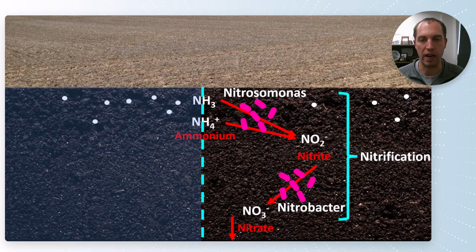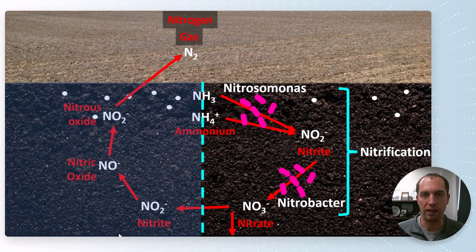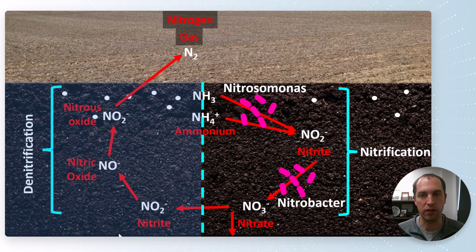So it can either be moved down in the soil, or if we start getting anaerobic conditions too much, we'll start to go back through the process to nitrite, and then we hit nitric oxide, and ultimately, if it goes back far enough, it can become nitrogen gas. All these over here can then be lost and serve as potential global warming or other pollution into the atmosphere, and we don't want that cycle to go back up because we want to keep our nitrogen in. This is called denitrification.